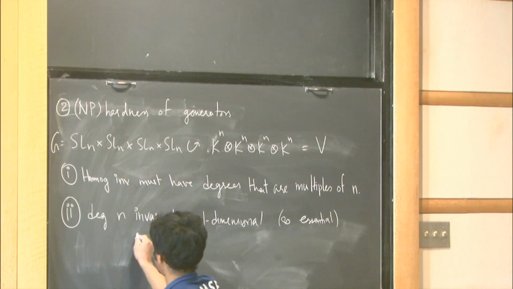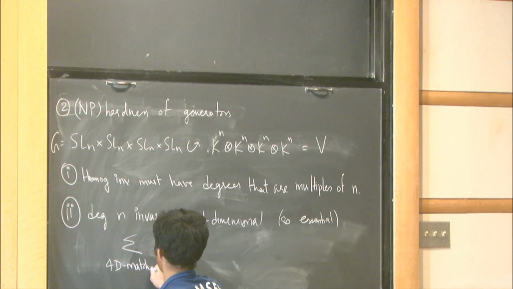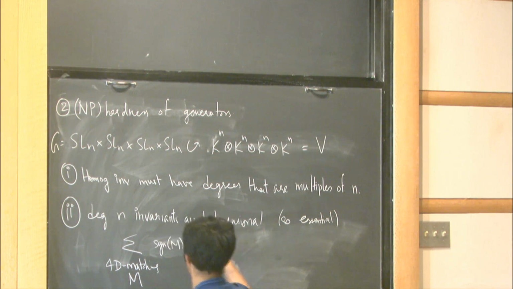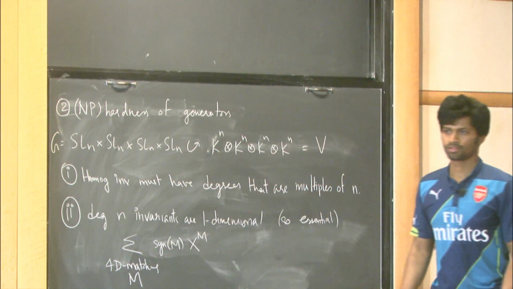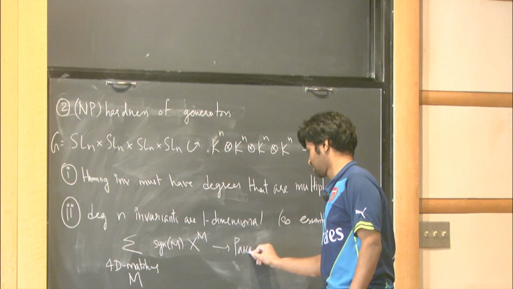And this guy is an alternating sum of 4D matchings. Okay, so you take a 4D matching M, and you take its sign, and I will explain these terms to you. And this guy is called the Pascal determinant.